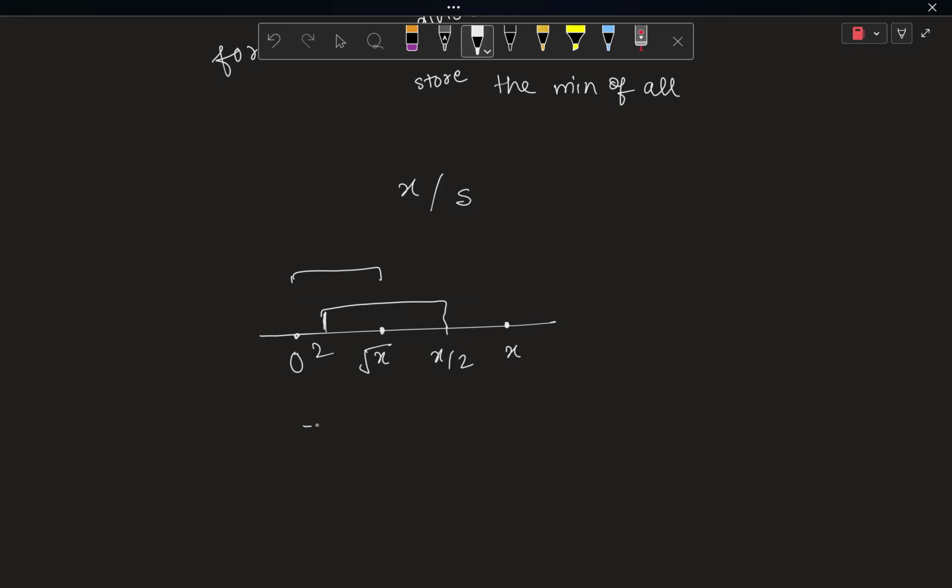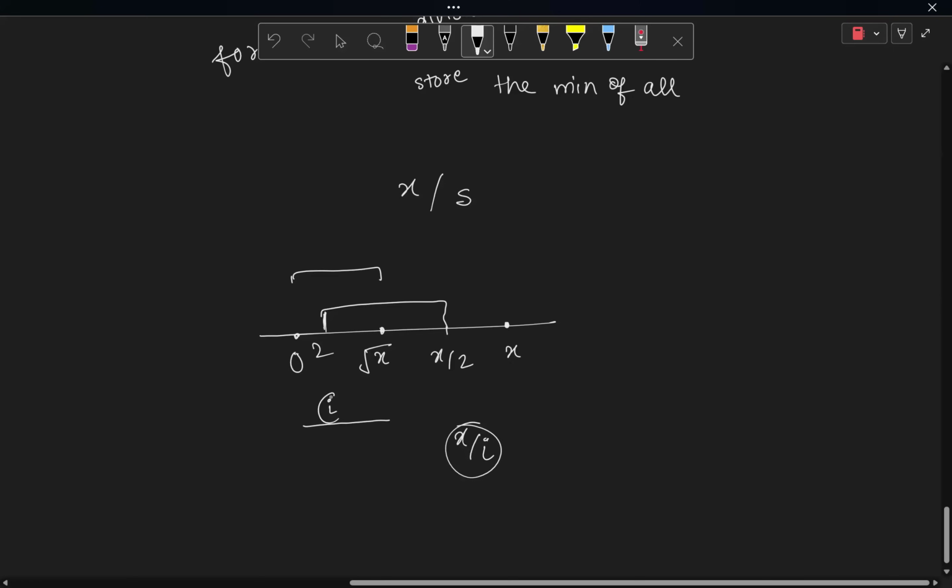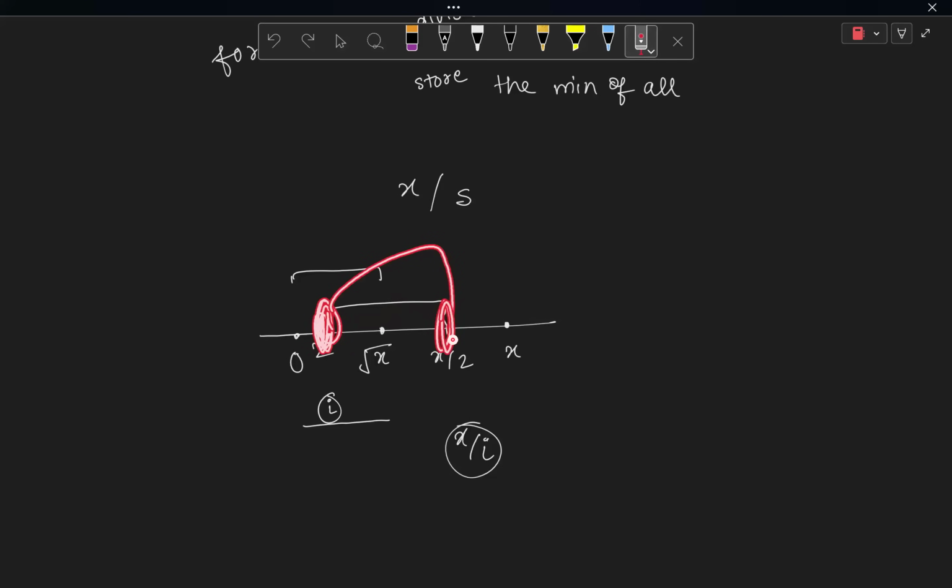So you can find all the divisors of x in the range from 0 to root x, and if i is a divisor, x by i would also be a divisor, and you get both the divisors in this range and this range, because every divisor coming up somewhere around here will have a corresponding divisor at this place.